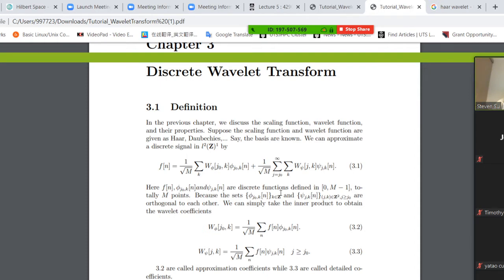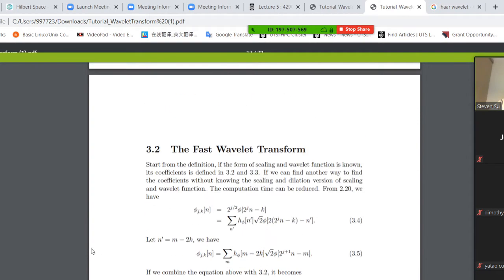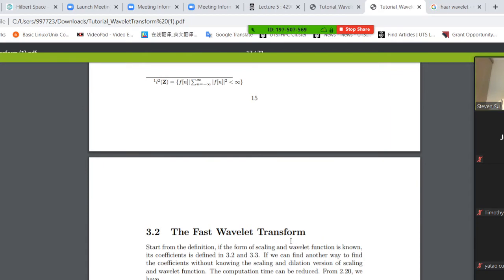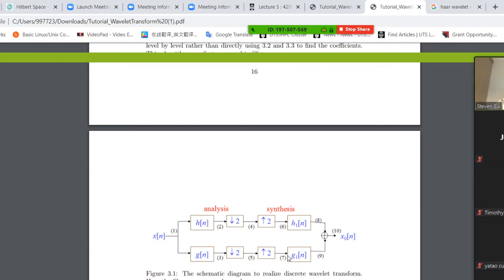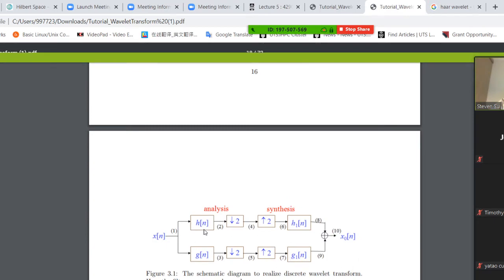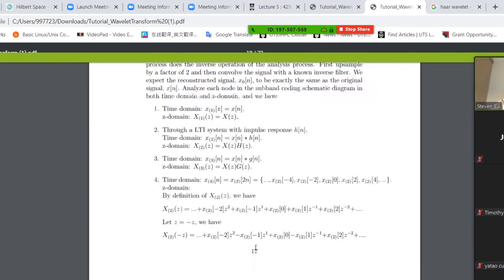But if you use the tools and get the result, you still need to explain the result. That's why I give you some fundamental concepts. This is the fast wavelet. They use a filter to implement it, which I will discuss later. It's very innovative for implementing wavelet convolution.